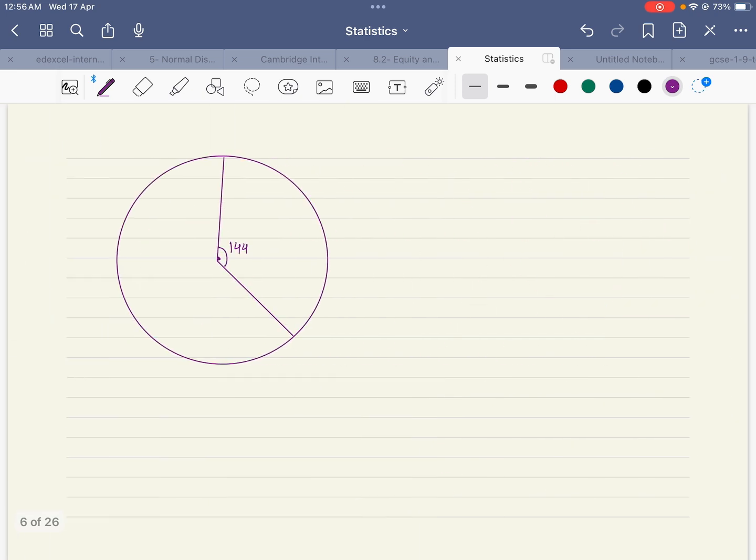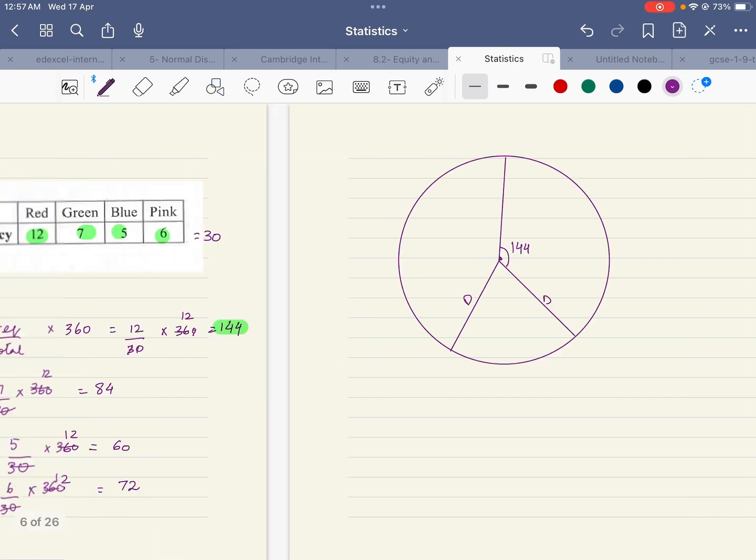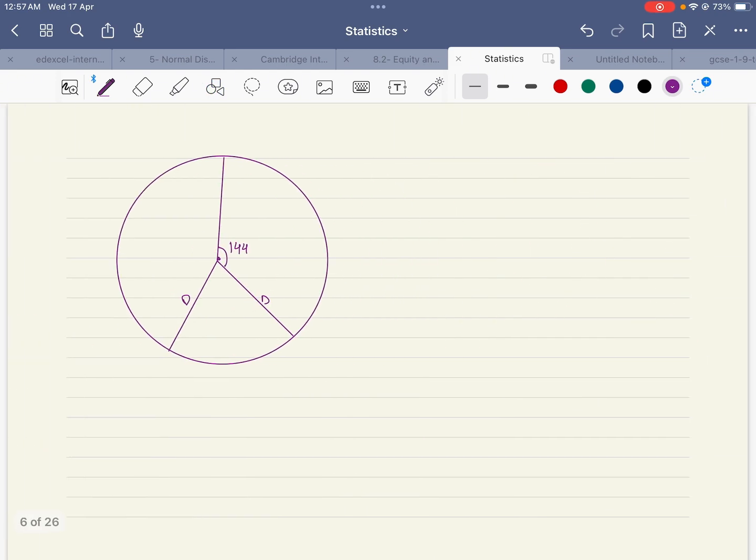Then we have 84. You put the protractor over here a second time, and then you draw the angle 84, which will be something like this. Then you use this third one as the reference line, and you put the protractor here, and you draw a 60-degree angle, which will be something like this, right?